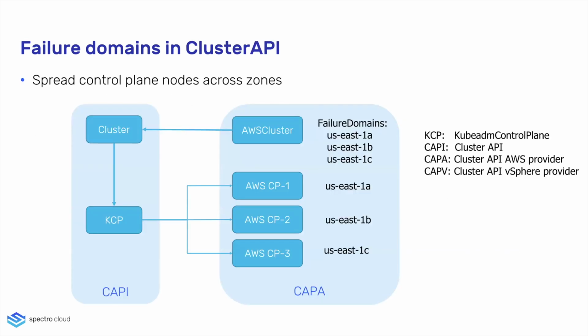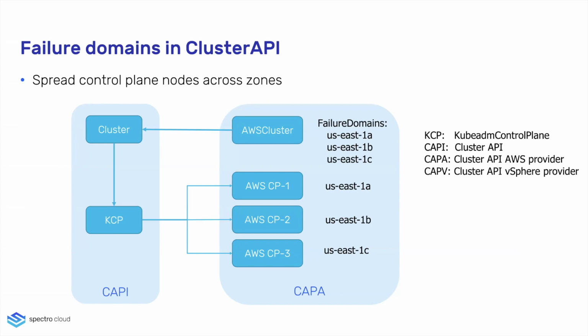In Cluster API, the same terminology, failure domain, is used to control where to place the VMs. For example, when you have an HA cluster with 3 control plane nodes, you want to distribute the 3 control plane nodes into 3 different AZs, so if one of the AZs completely goes down, your cluster keeps running.